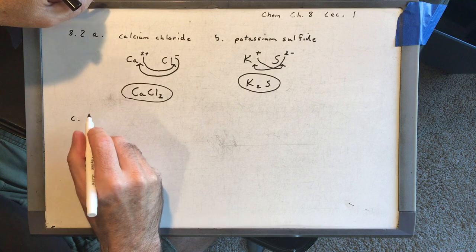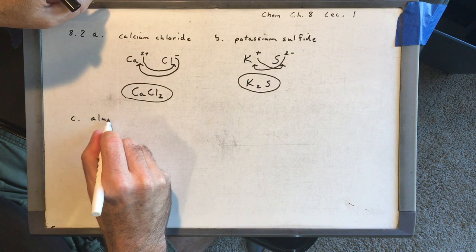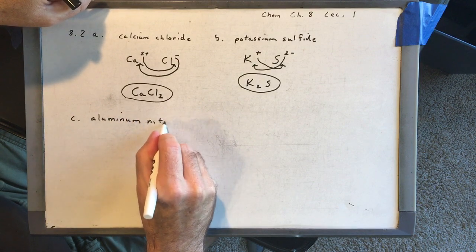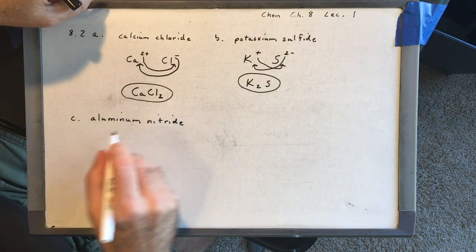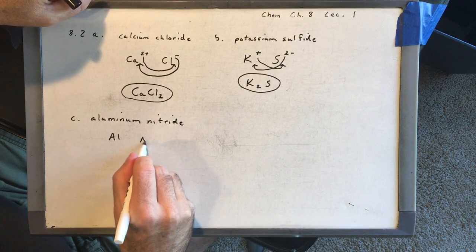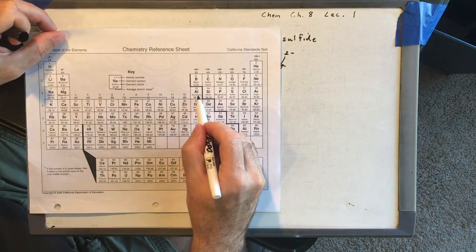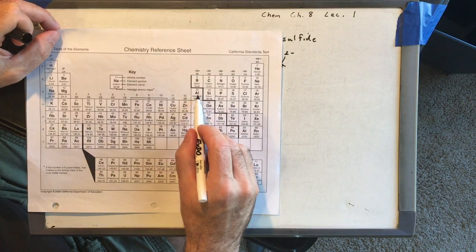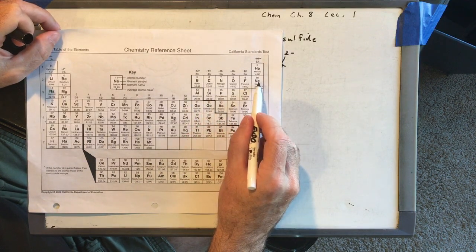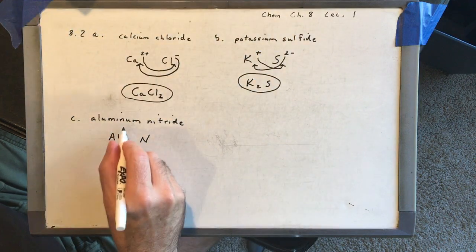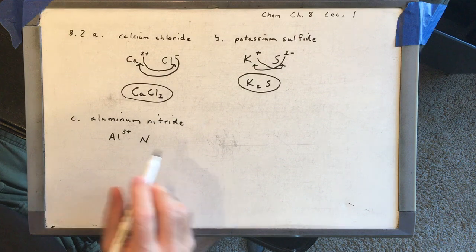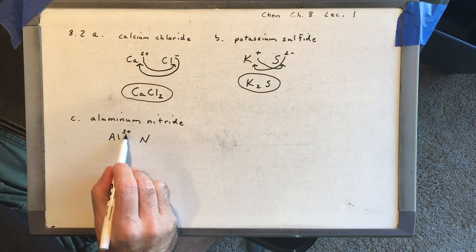The next one is aluminum nitride. So we've got aluminum and then nitrogen. Aluminum is a metal. It wants to lose electrons. It's in column 3. If it loses those 3 electrons, it can be like neon. If it loses 3 electrons, it would have a 3+ charge, since the protons in the nucleus are positive and you lose 3 negative charges.